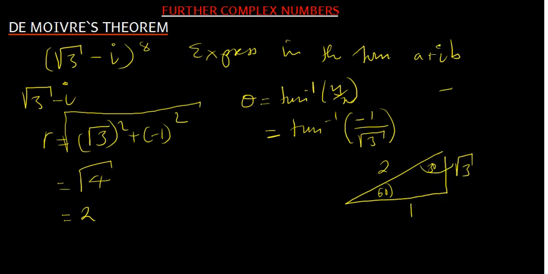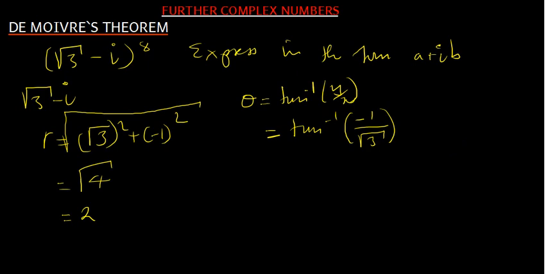We know that tan is opposite over adjacent, so we want the opposite to be 1 and the adjacent to be root 3. Then the angle we are referring to is 30 degrees. So tan inverse of negative 1 over root 3 gives us 30, and in that case it is going to be negative 30, because we are dealing with a negative value.